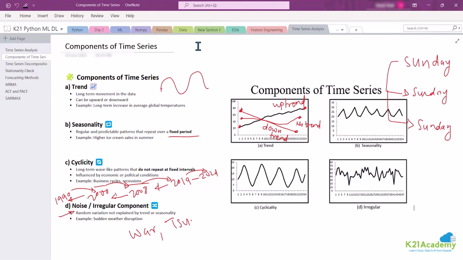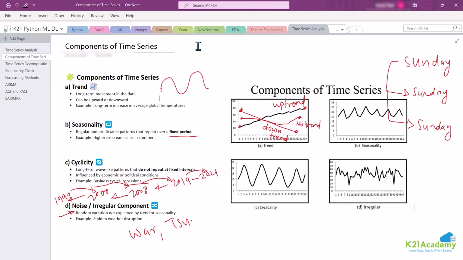The time frame can be minutes, hours, days, or years, but the interval of time is fixed. In cyclicity, the pattern repeats, but there is no fixed interval.